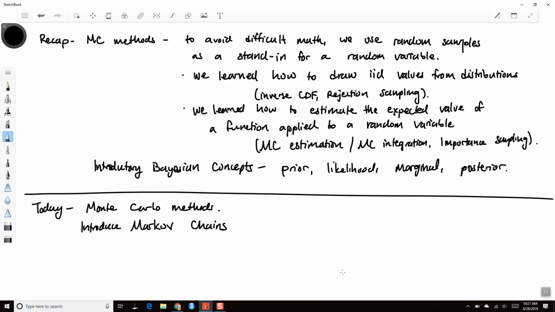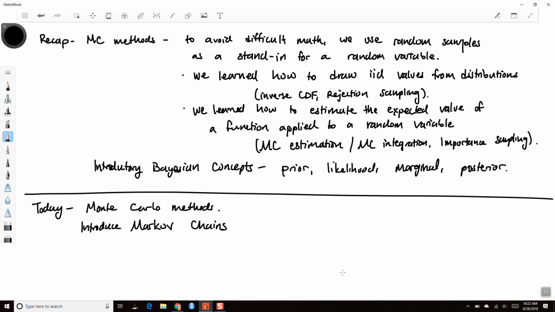As we get into more complex problems, we might have higher dimensional distributions to sample over. And the methods that we've covered so far become very inefficient in terms of getting the samples that we want. And so we will use these concepts of Markov chains to get us samples.